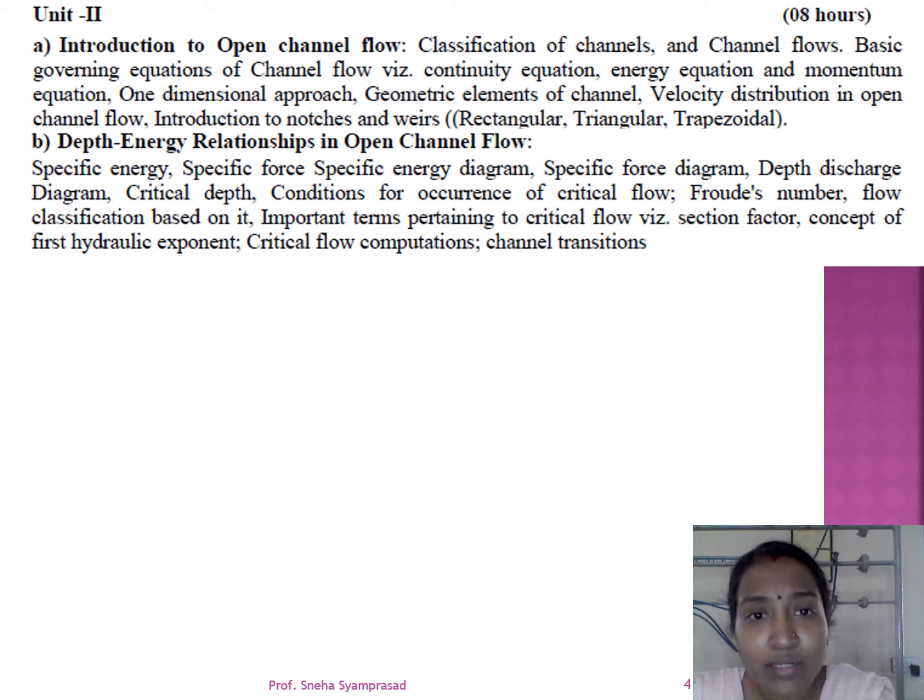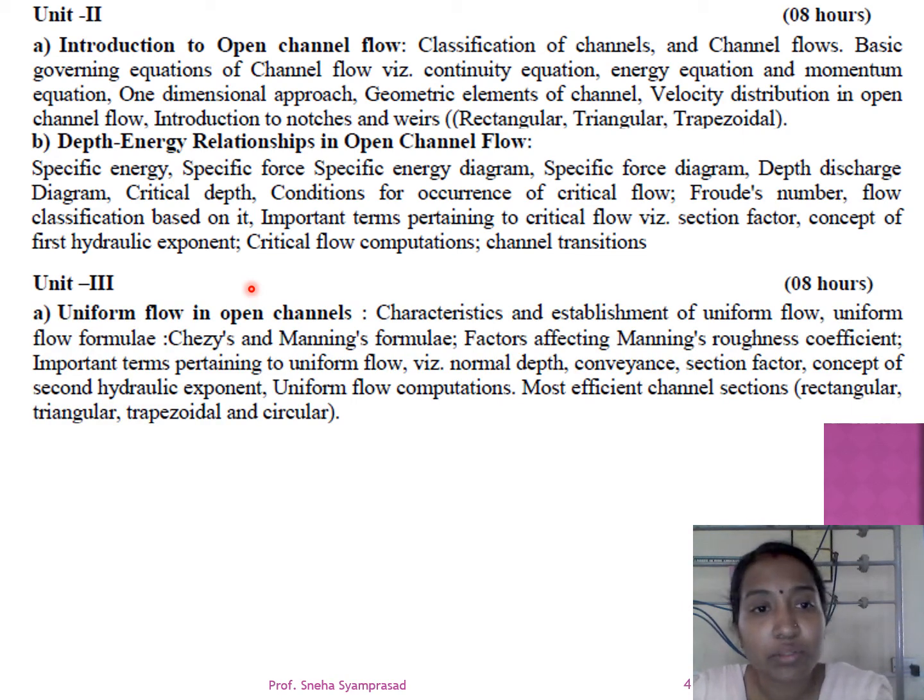And important terms pertaining to critical flow. We have some definitions on section factor, the concept of the first hydraulic component, and in the next unit you will have the second hydraulic component, critical flow computations and channel transitions. Next, in the third unit, uniform flow in open channels. Here we are going to study Chezy's and Manning's formula and the factors affecting Manning's roughness coefficient.